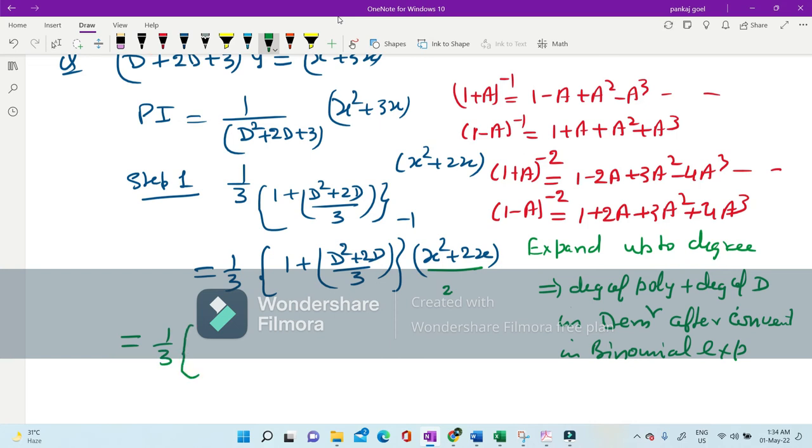1 by 3, 1 minus (D square plus 2D upon 3) plus the square of (D square plus 2D upon 3), and we don't require the next term, acting on x square plus 2x. Simplify this.